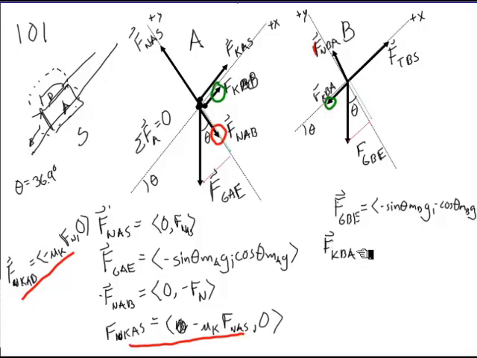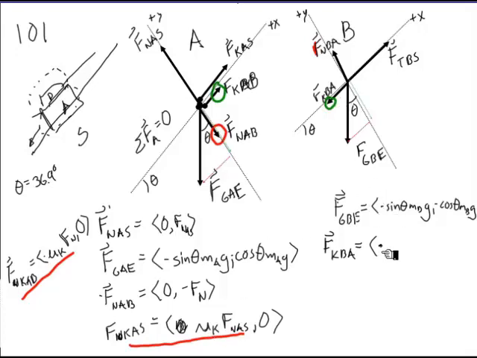Oh, that just shows me a mistake I made over here, right? Because these frictional forces are pointing in the positive directions, they shouldn't have negatives like that. My bad. Because both of these forces are pointing in the positive direction.